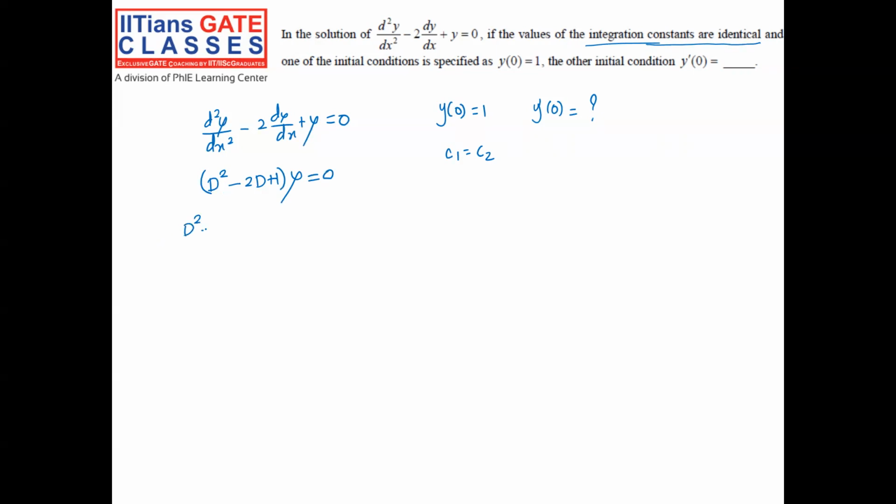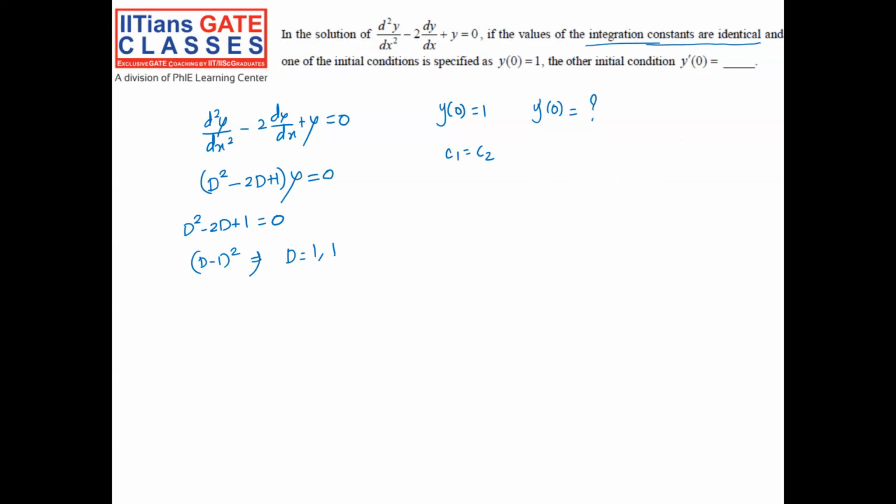So D square minus 2D plus 1 equal to 0. We can treat this f of D as an algebraic equation and solve it to get the value of D. So it is (D minus 1) whole square. Hence we can say D is equal to 1, 1. So we can clearly say here the roots are real and repeated.